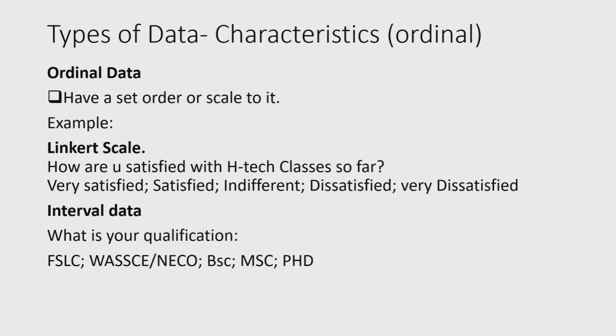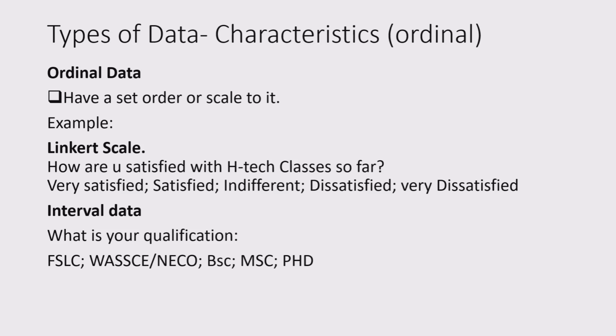Then we have ordinal data. Ordinal data have a set of order or scale to it. These are data sets that follow an order or a scale. For instance, the examples will help us understand: how satisfied are you with HTech classes so far? Very satisfied, satisfied, indifferent, dissatisfied, very dissatisfied. So this is a scale.